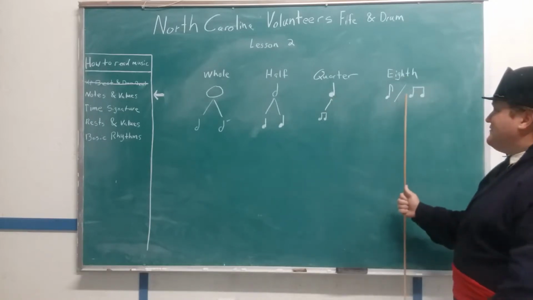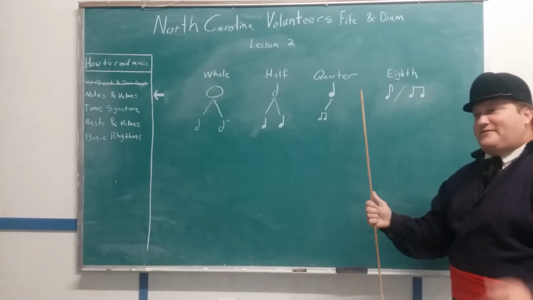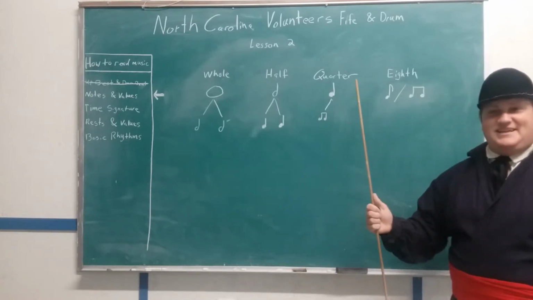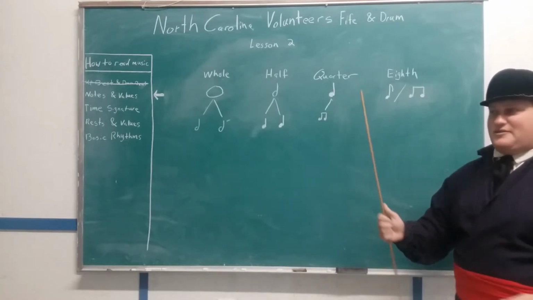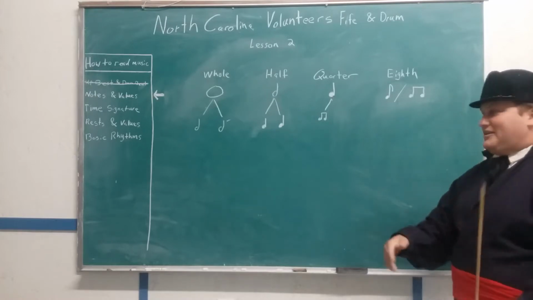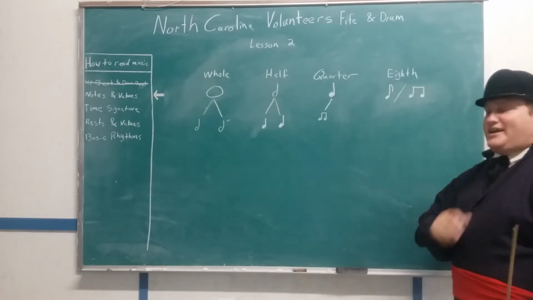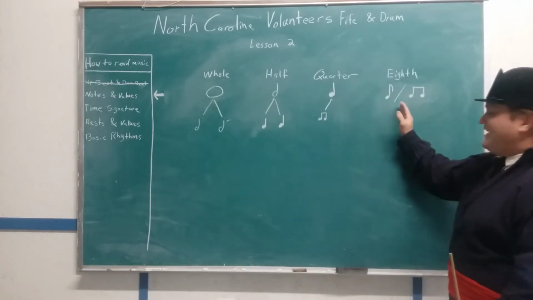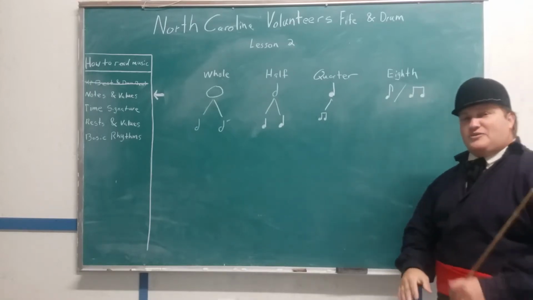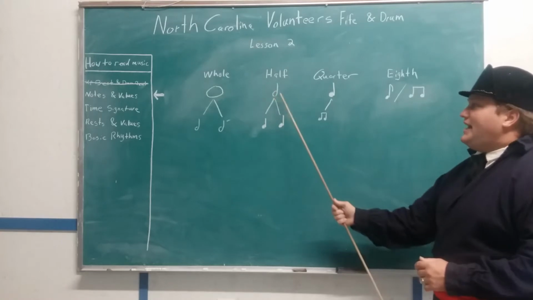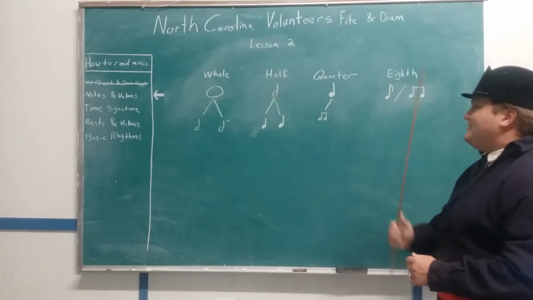Now, if we wanted to subdivide an eighth note, what's half of an eighth? It's a 16th, and then a 32nd, and a 64th, and as you keep going, you just keep adding little tails. But we're not going to get into that. Right now, we're just going to go to an eighth note. That's as far down as we're going to go. So we have whole note, half note, quarter note, and eighth note.